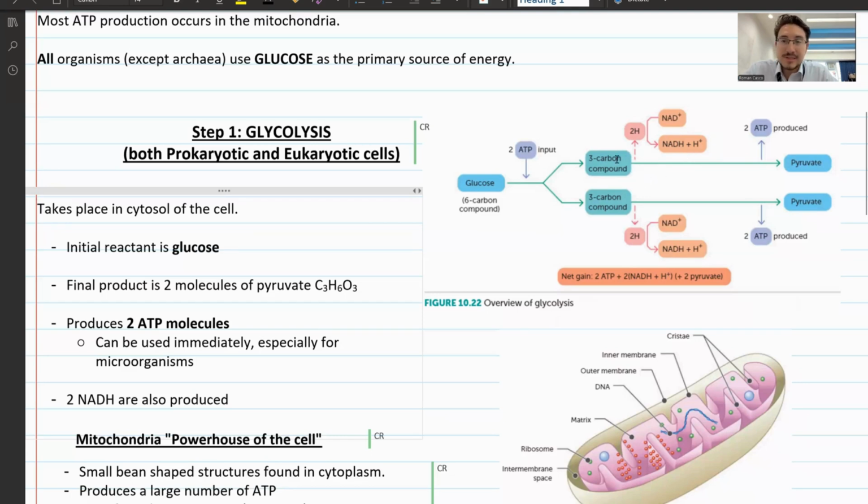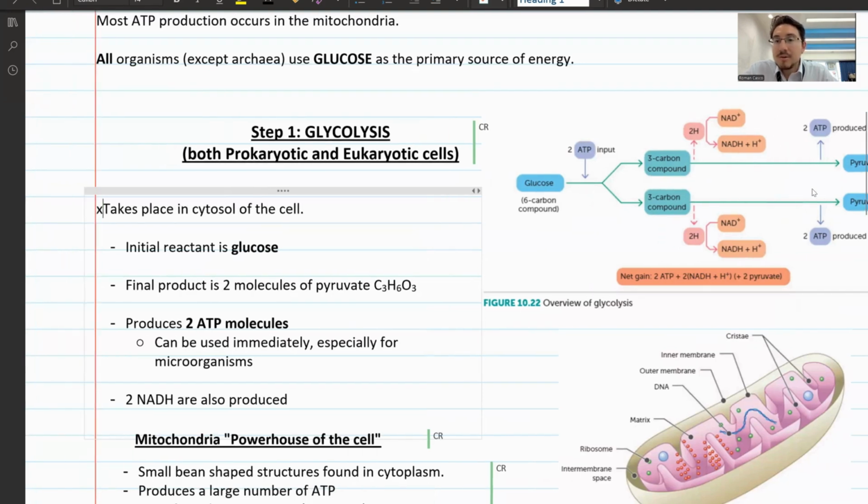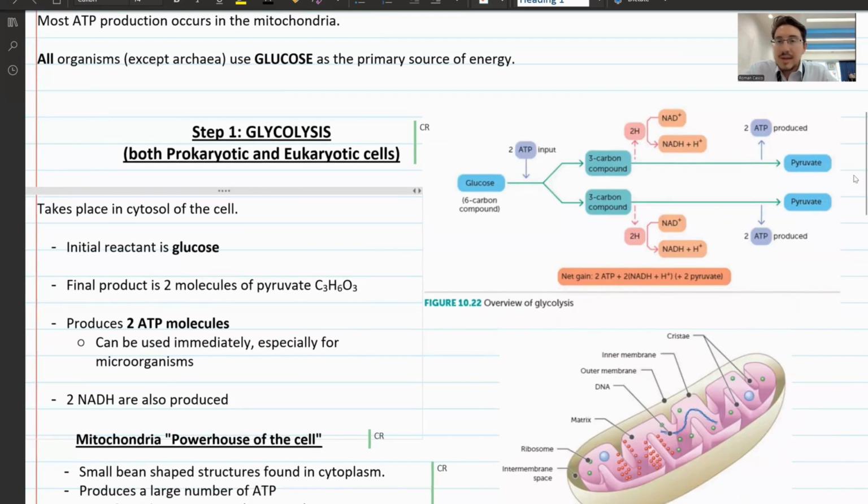As this process is happening, a result of this is pyruvate. As this process is occurring and undergoing this transfer of electrons and things like that, ATP is produced as a net product. And also, you have this final form.